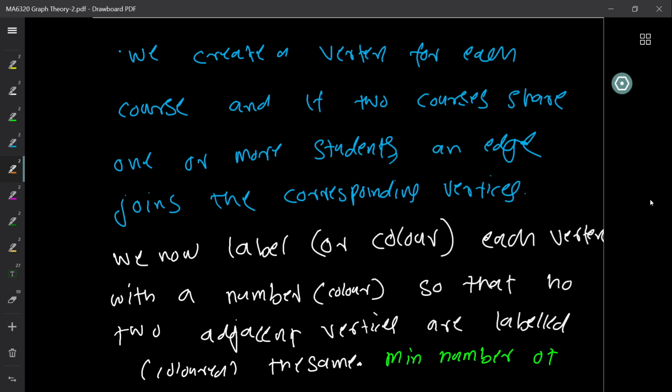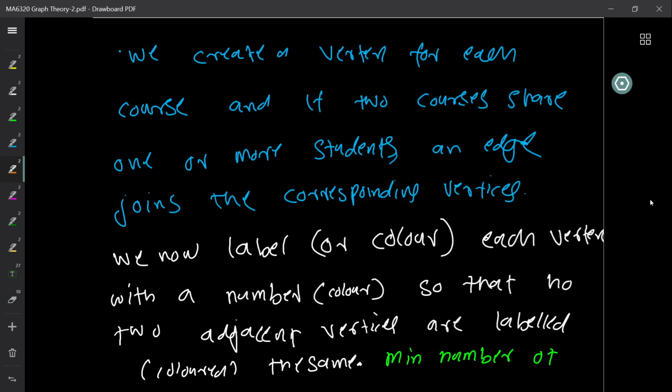And then what is the question that we want to solve in terms of graph theory? Let's say each day is a number: first day, second day, etc. So we can label the vertices of this graph with the day, which means the day that course is going to have its exam.